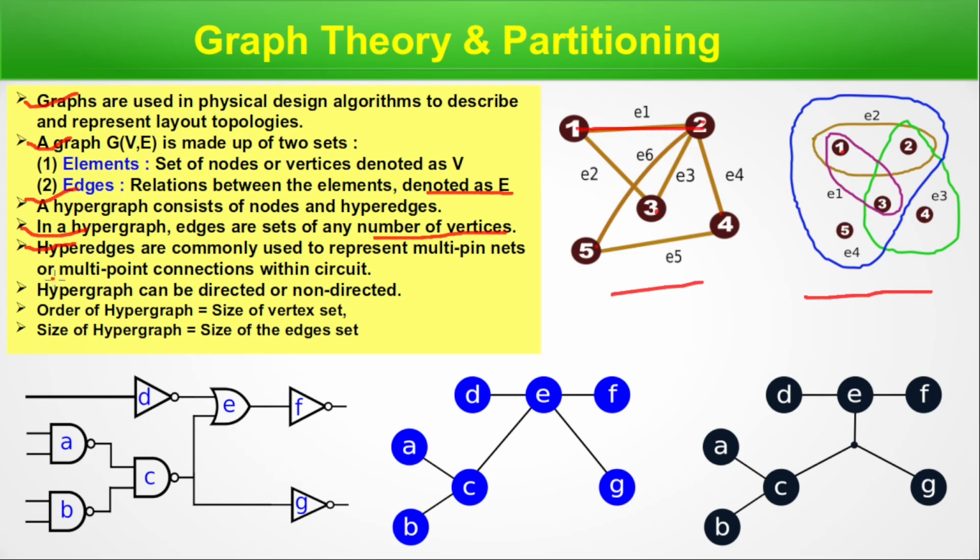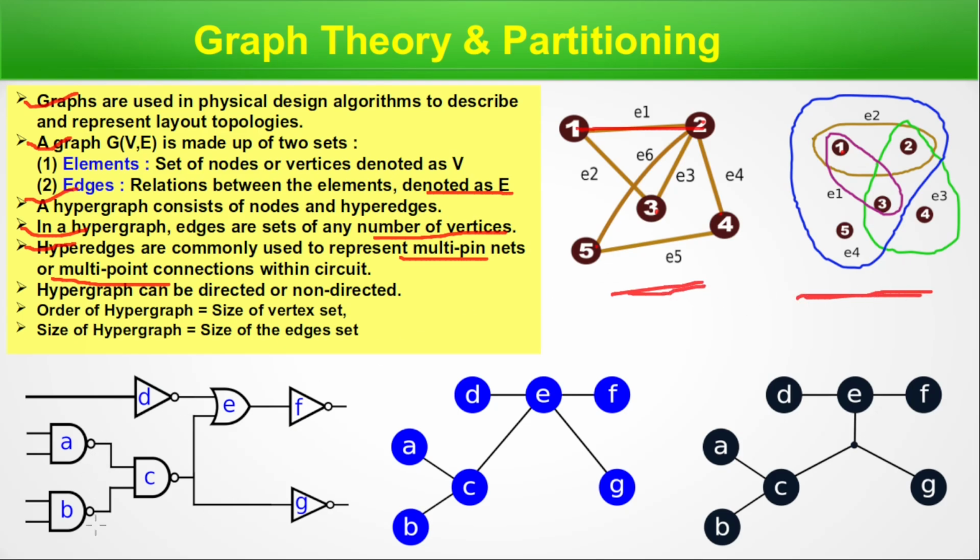In practice, our circuits also have multi-pin and multi-point connections, so hyperedges are suitable to represent them. Here we can see hyperedge E2 consisting of nodes 1 and 2, E1 with 1 and 3, E4 with 1, 2, 3 and 5, and E3 with 2, 3, 4. These are hyperedges. So this is a graph, this is a hypergraph.